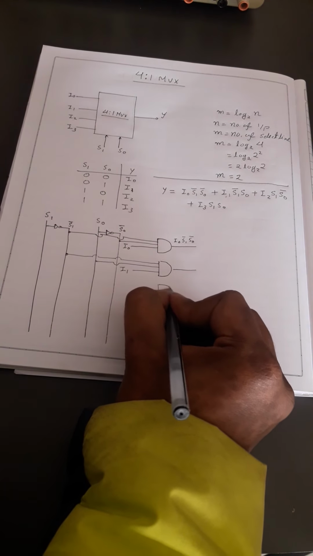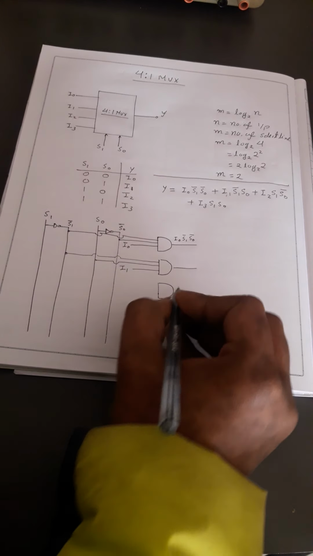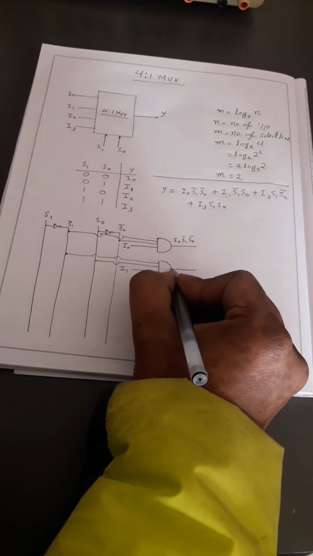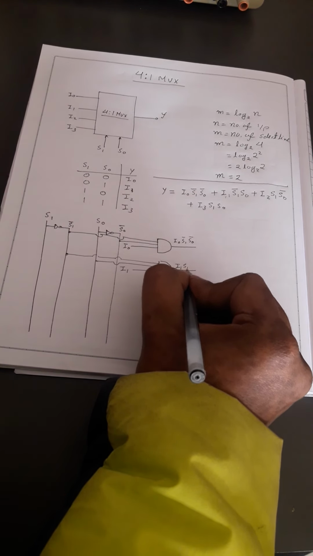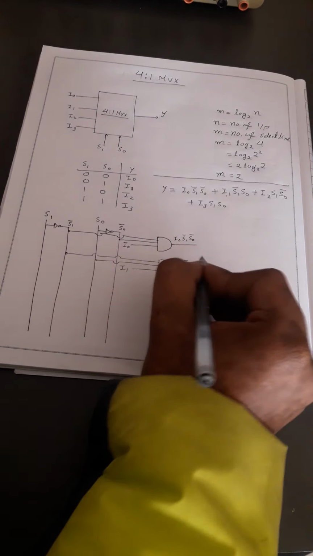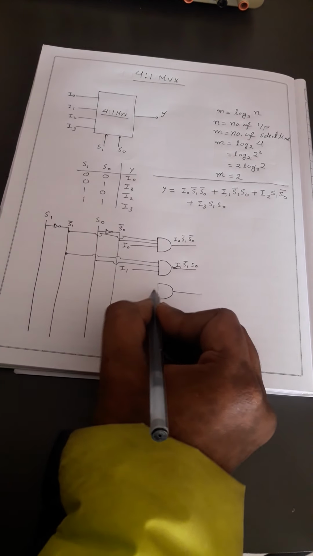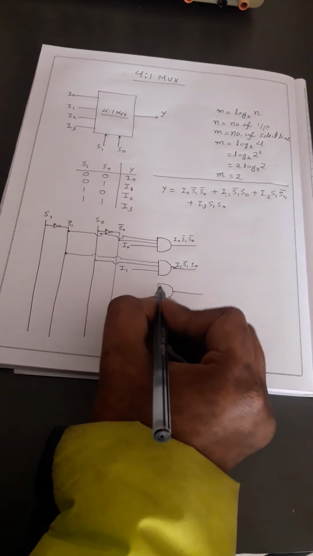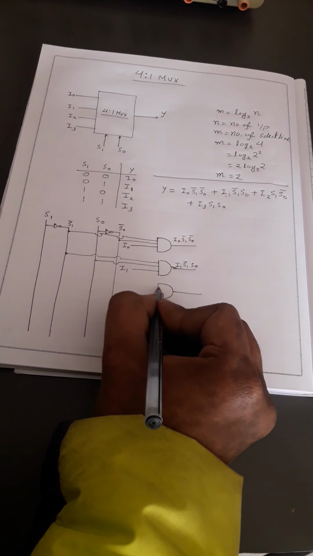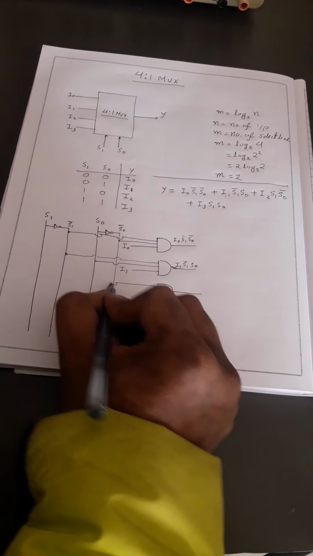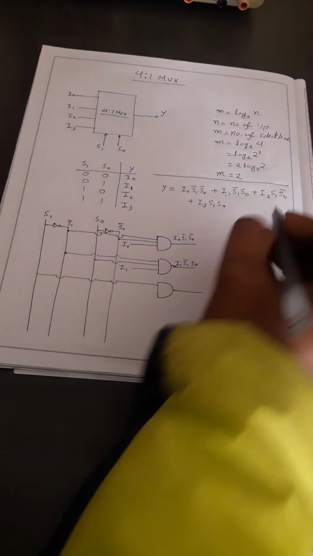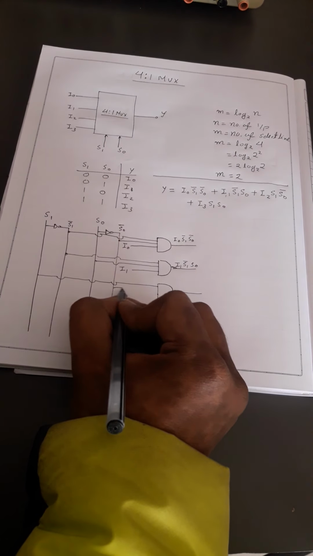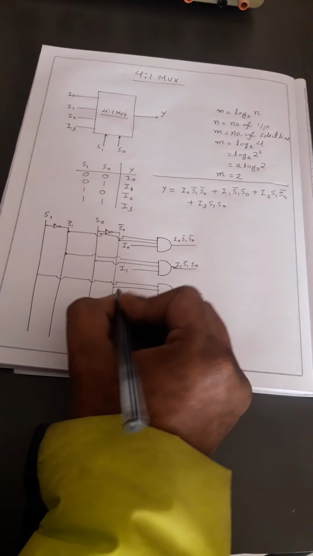Then we have another AND gate. Here we will get I1 S1 bar S0. Now this is I2 S1 S0 bar. We take S1, and the S1 line is there. Then S0 bar, and I2.